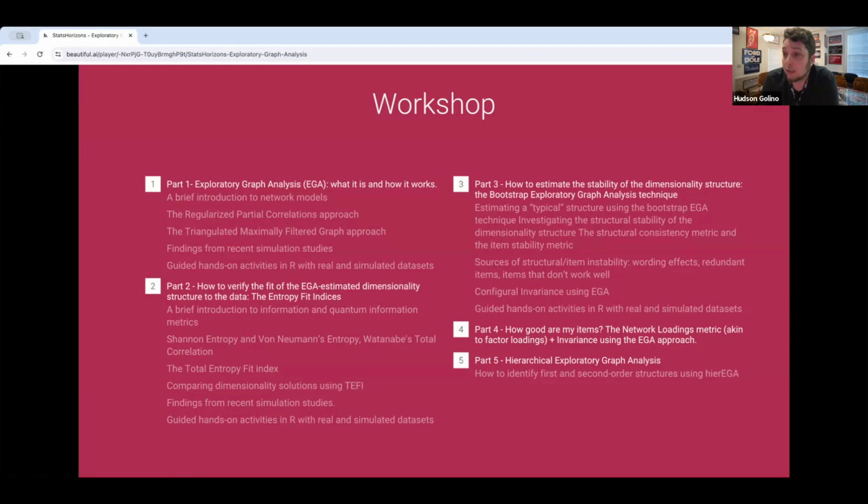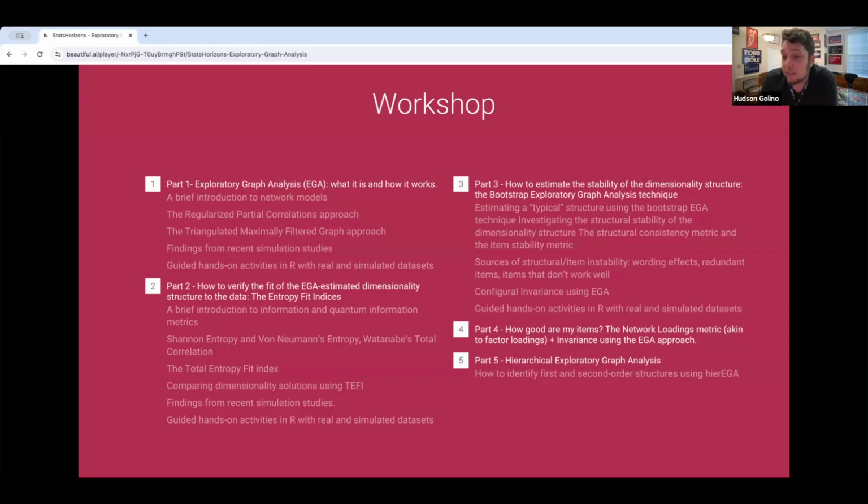We're going to discuss sources of structural or item instability, such as wording effects, redundant items, and items that don't work really well. I will introduce the idea of configural variance or structural invariance using EGA, and we'll also have hands-on activities.